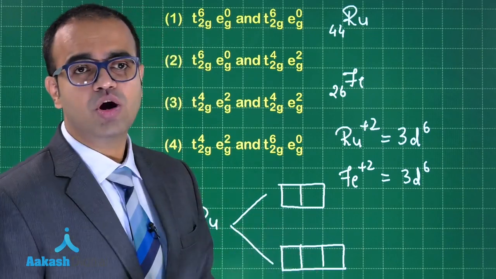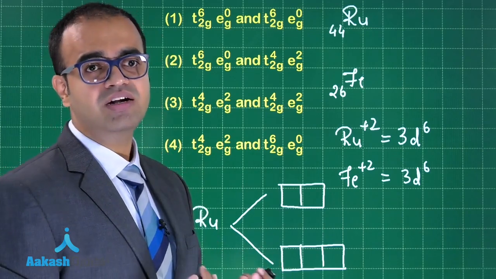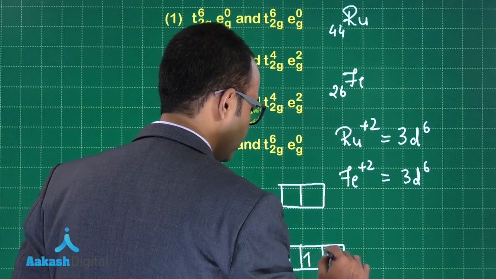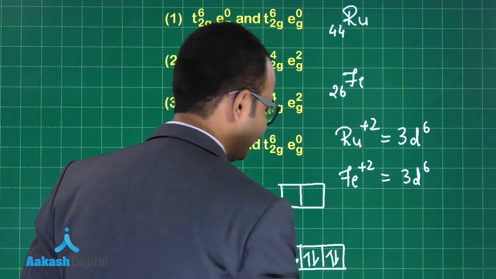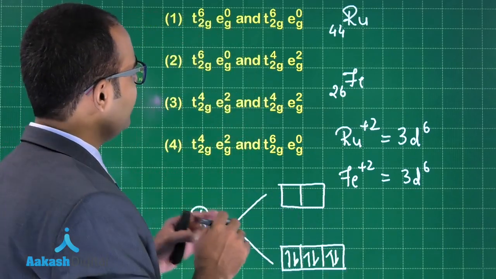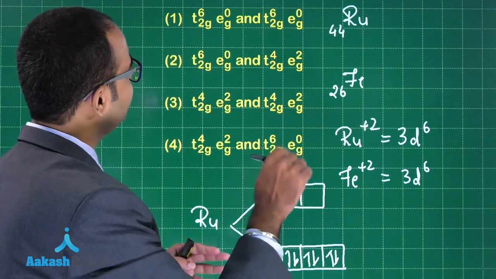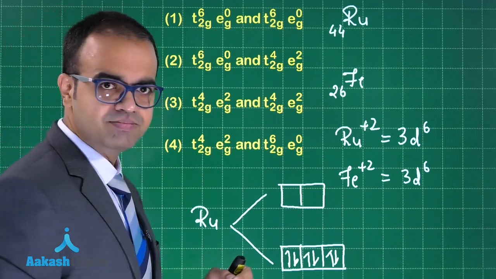All the 6 electrons will go where? They will go into the t2g orbital. So here I will have 1, 2, 3, 4, 5 and 6 electrons, all going into t2g. So any option matches with this? Yes, option 1 and option 2 are matching.